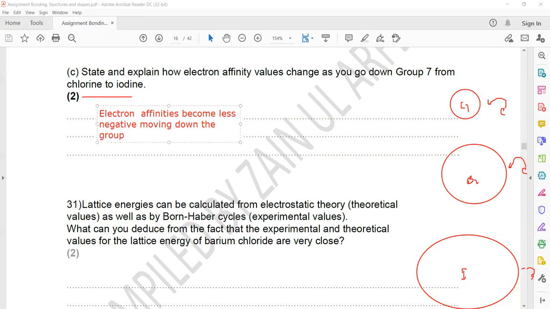And what is the reason? As the electron is added further from the nucleus, or we can say more shielding effect.